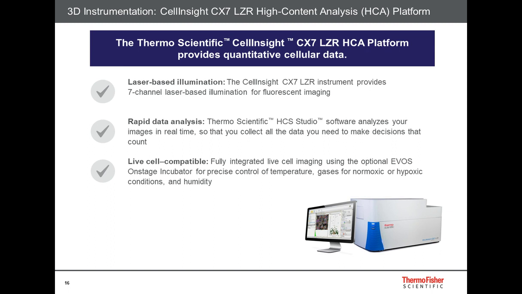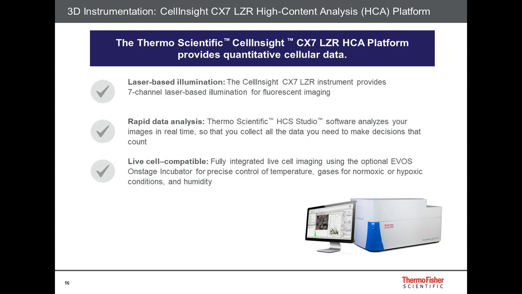And so we can collect data on a per cell basis and multiplex with several different markers. This instrument is also live cell compatible, and so we can use the same EVOS onstage incubator to control the environment inside the instrument to keep our cells happy and growing for kinetic experiments or longer term experiments.